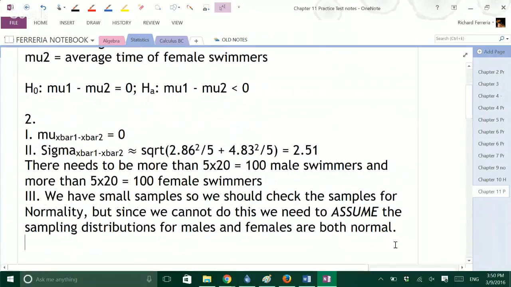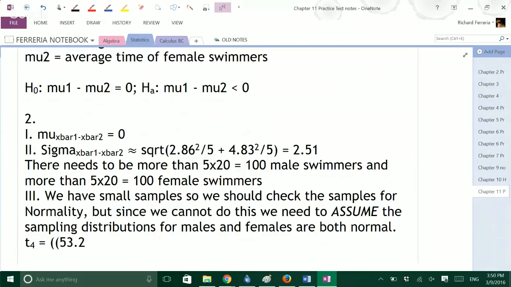So that leads us to our test statistic. Our test statistic is going to be, well, that's going to be T. Smallest sample is 4, so T4. And that's going to be equal to, let's see, male time is 53.2 minus a female time of 64.6.